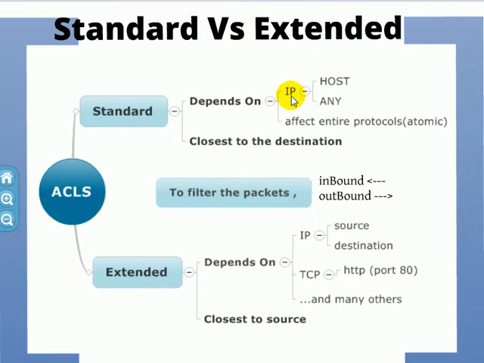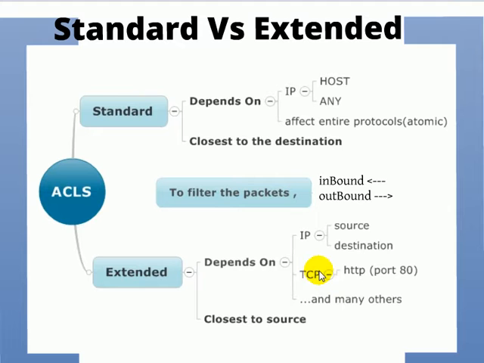In the standard, we just depend on the IP and the source, and we apply the access list closest to the destination. In the extended, we depend on three things: source, destination, and service; we're talking about the port number and the protocol.